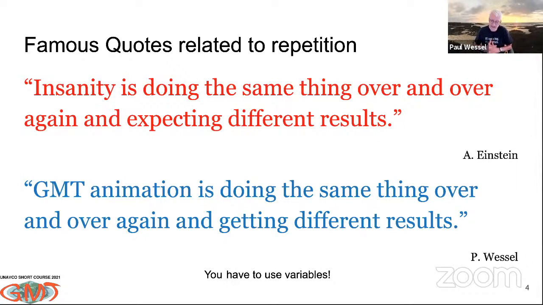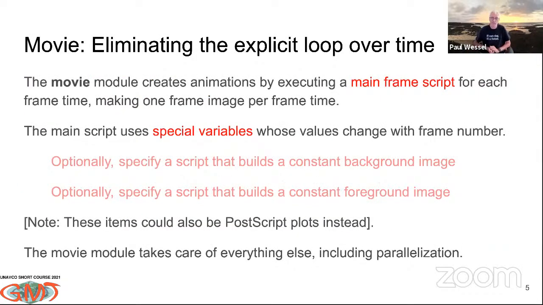And the key here is to use variables. If you don't use variables, we are going to get the same thing over and over again. It will be an extremely boring movie of the same frame playing back. So we're going to learn about variables. So basically what movie does is take out from your control the loop over all the frames that you got to make.